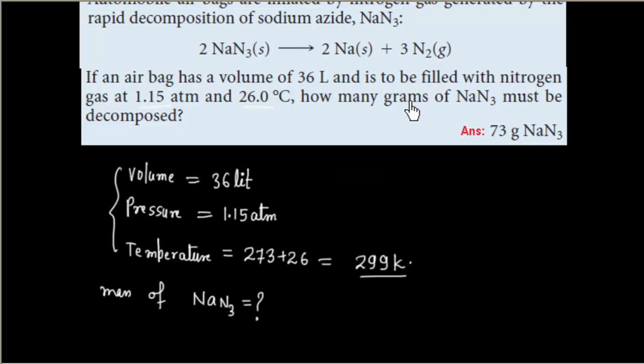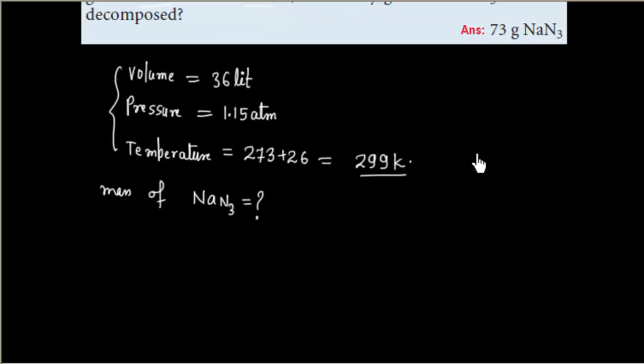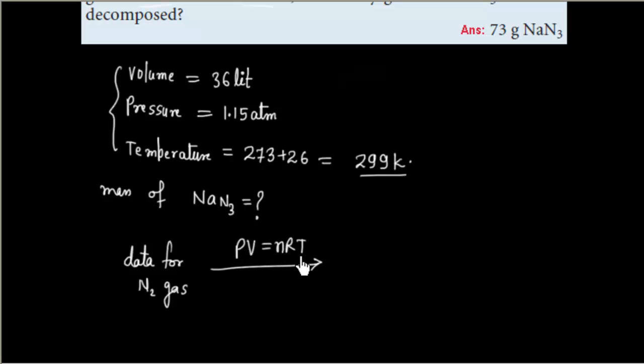You have been given data for nitrogen, N2 gas, so if I apply PV equals nRT, because I know the pressure, volume and temperature, we can calculate moles of nitrogen gas.